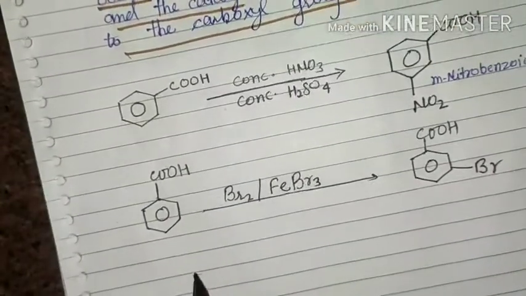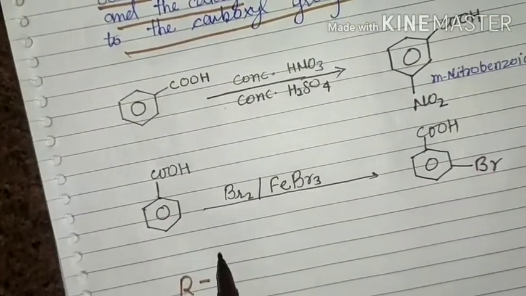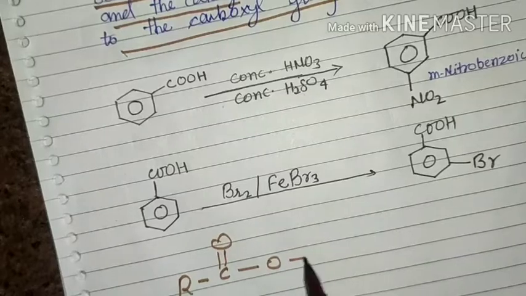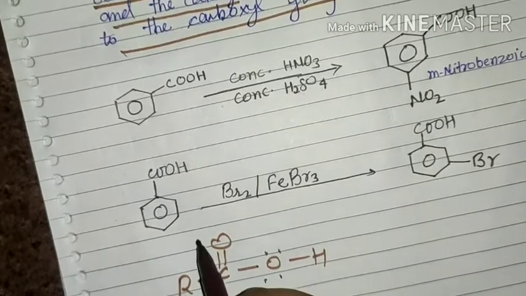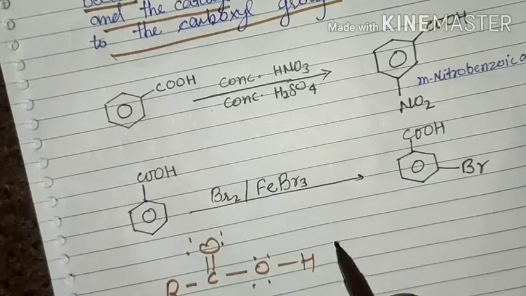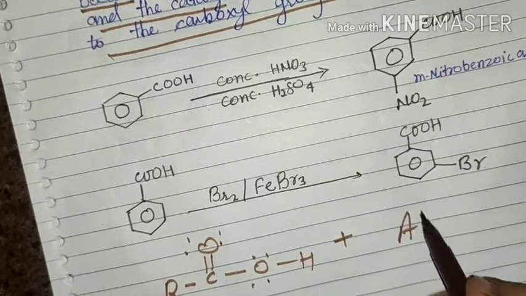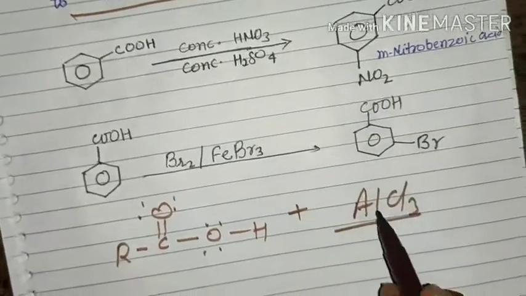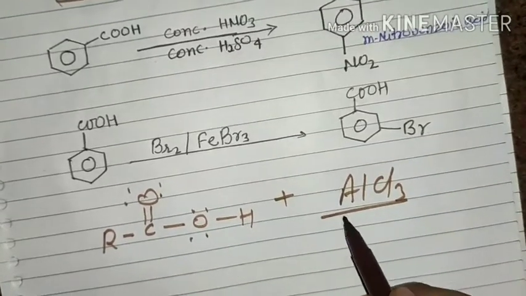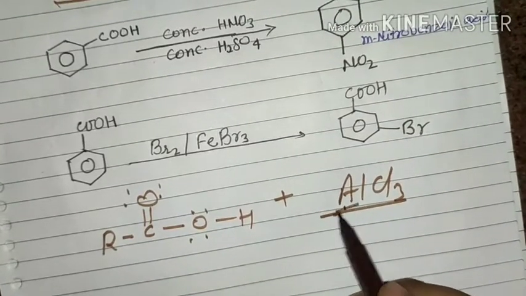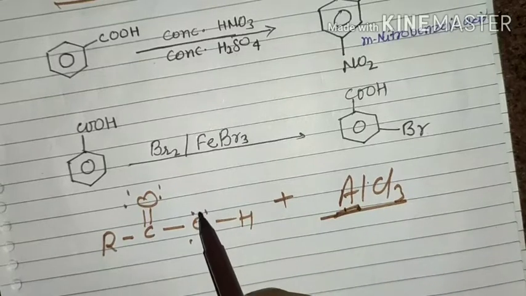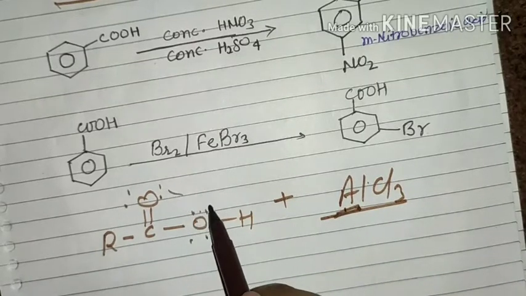Why? So learn here. If this one is the carboxyl group, OH, here are 2 lone pairs and 2 lone pairs here. So when you use AlCl3, you know that aluminum has a vacant p orbital, and this vacant p orbital is engaged by the lone pair of oxygen here.